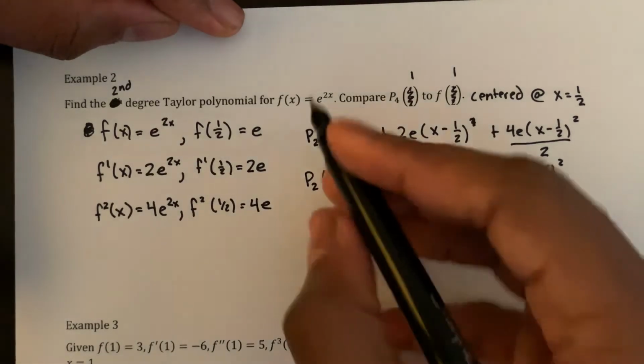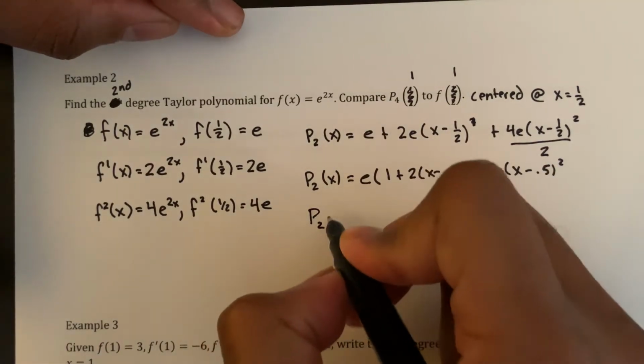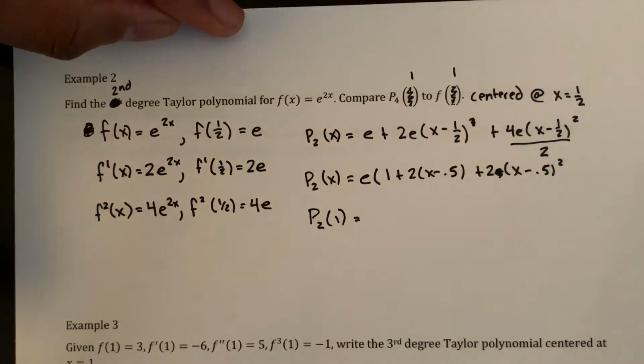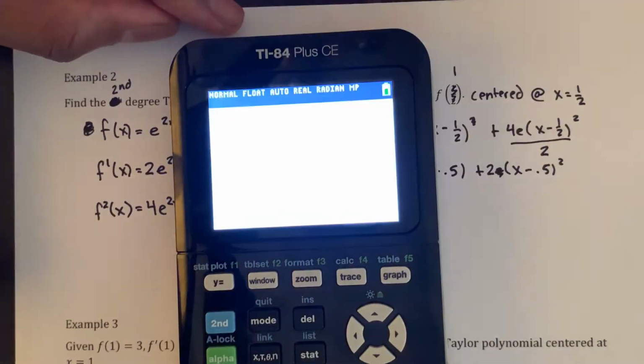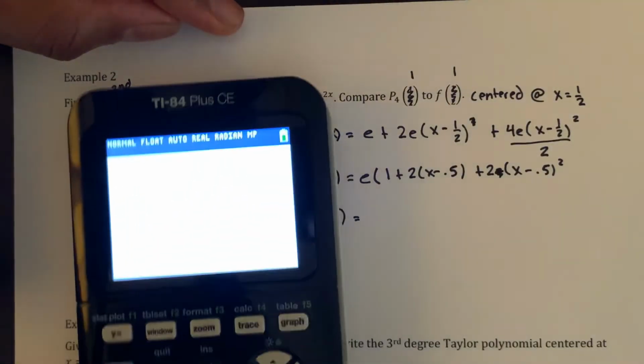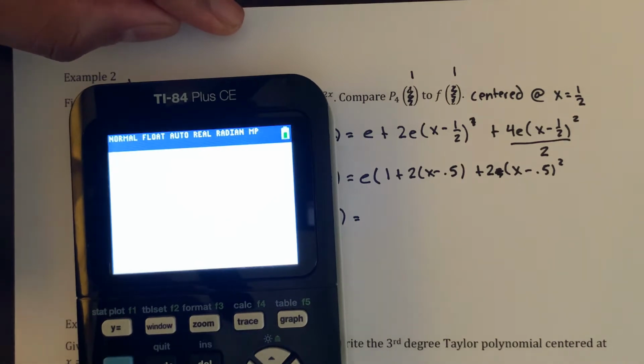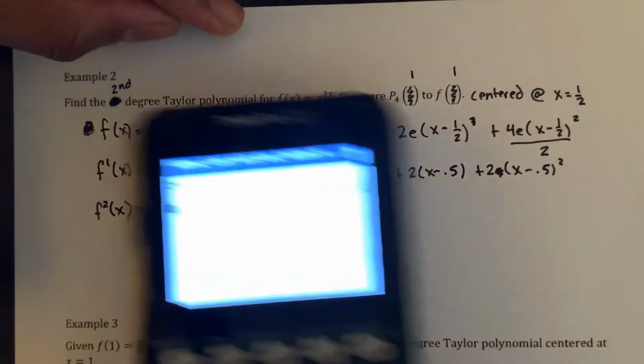So if we're comparing P2 of 1, let's just throw it into the calculator. So first we're going to do 1 stores as x, and then we're just going to type in our equation.